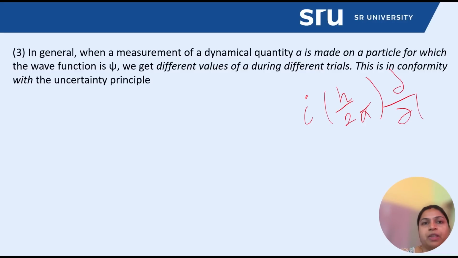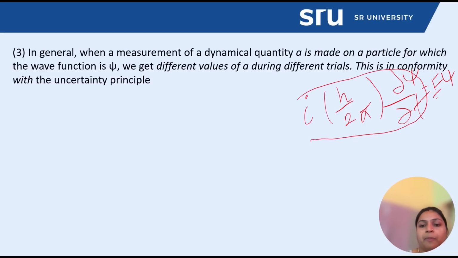The eigenvalue equation for energy will be the operator acting on psi equal to E psi. Here psi is called the eigenfunction of the operator, and E is called the corresponding energy eigenvalue.